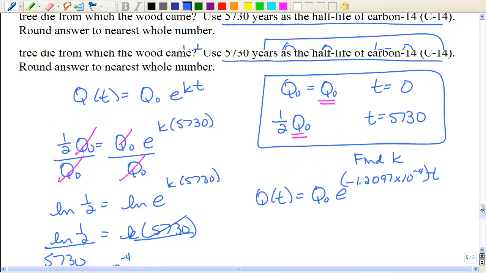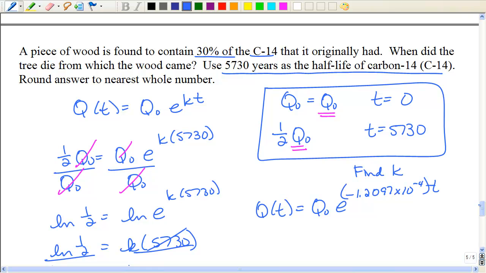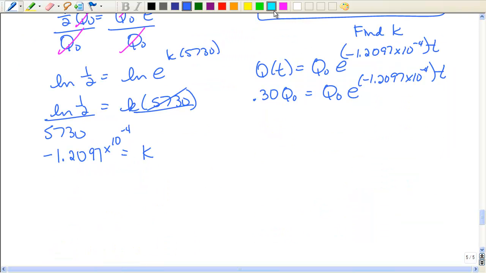Okay, so now we know what K is. It says a piece of wood is found to contain 30%. Well, 30% of what it initially had would be 0.30 times that initial amount. So we're going to say 0.30 of the initial amount equals the model. So I'm going to use my model here, and I want to solve for t.